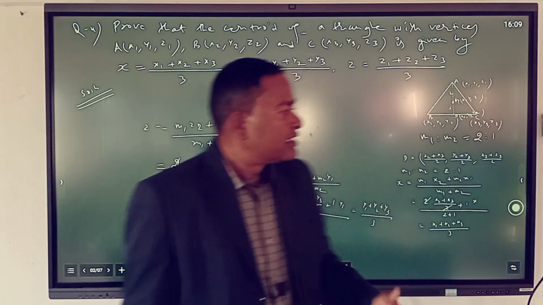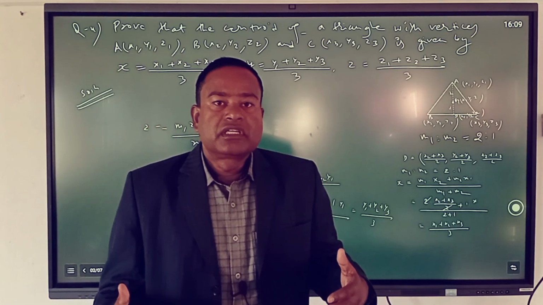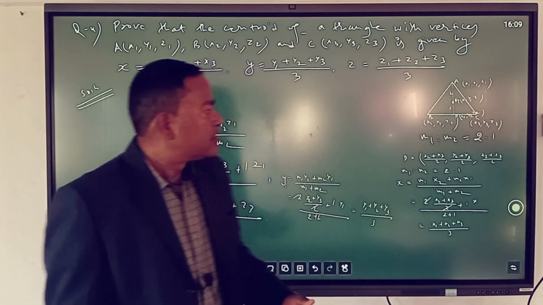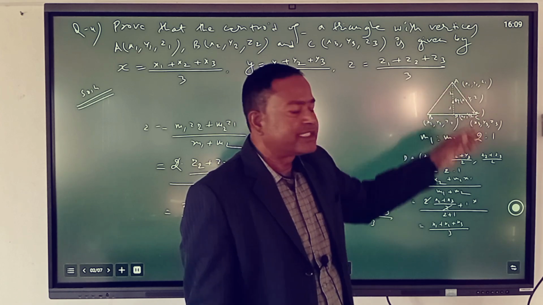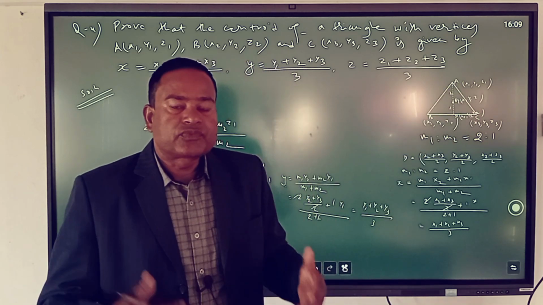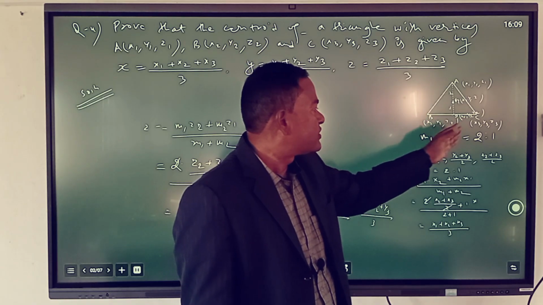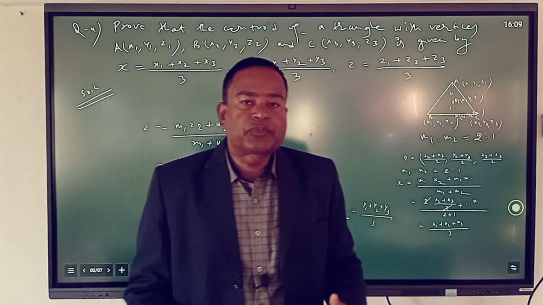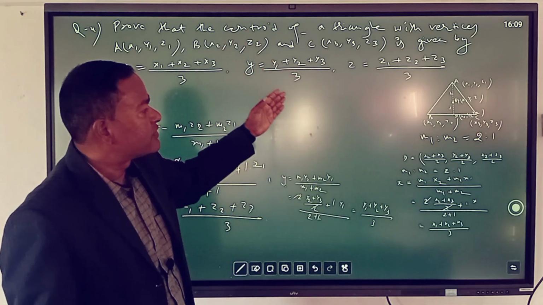So dear student, let's review once how to prove the centroid formula of a triangle. At first we have to draw a triangle ABC. The coordinates of A we suppose as x1, y1, z1, B we suppose as x2, y2, z2, and the coordinates of the point C we suppose x3, y3, z3, which is already given in the question.